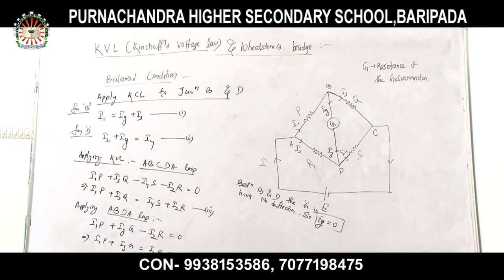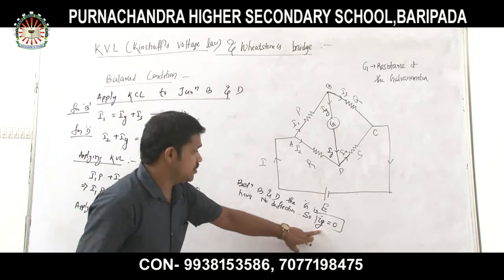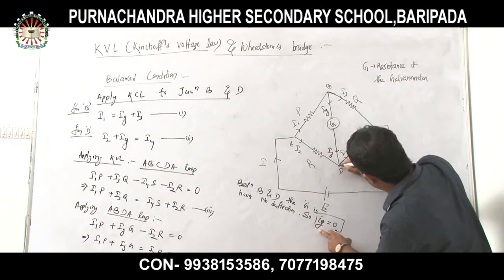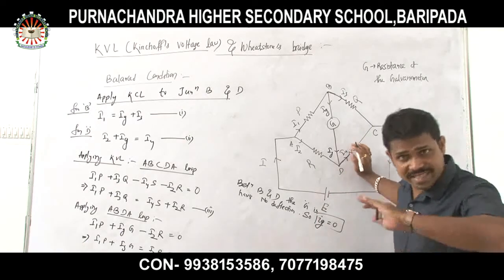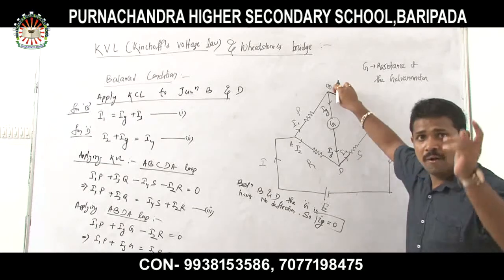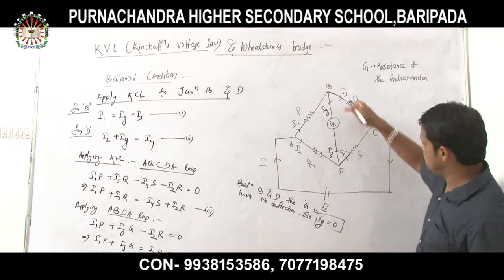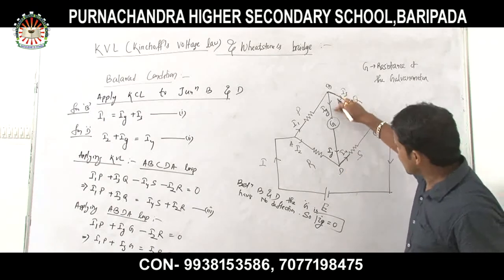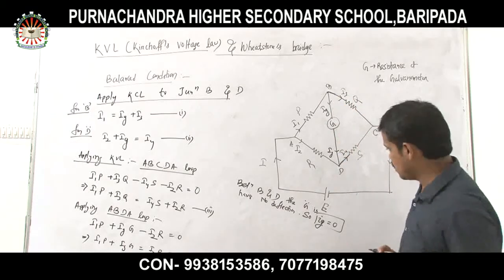Clear? If you look very carefully, if the IG value becomes 0, what can we conclude? We can conclude that point B and point D are at equipotential. Both are at the same potential, because the IG current becomes 0. Clear all of you?